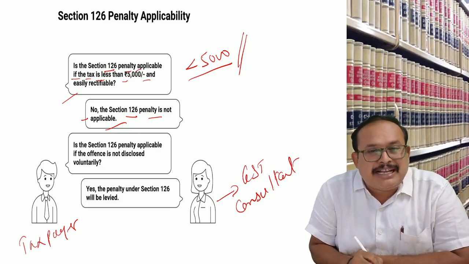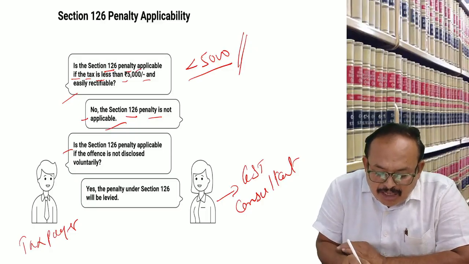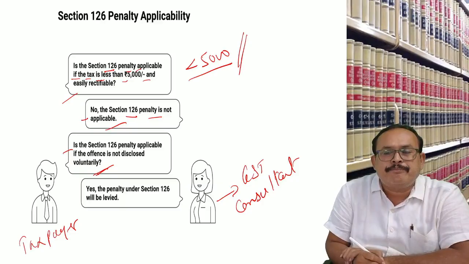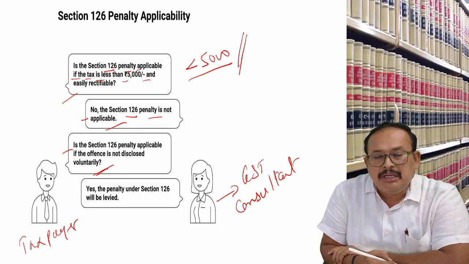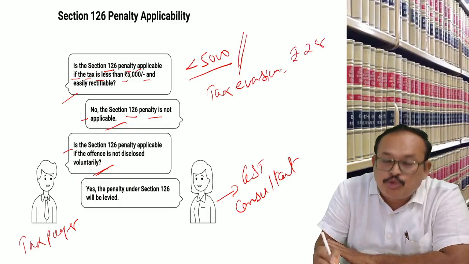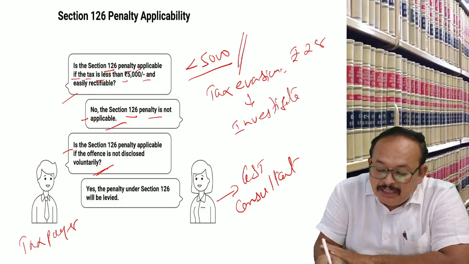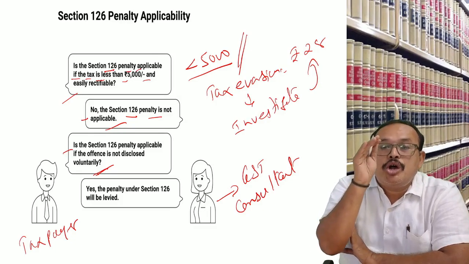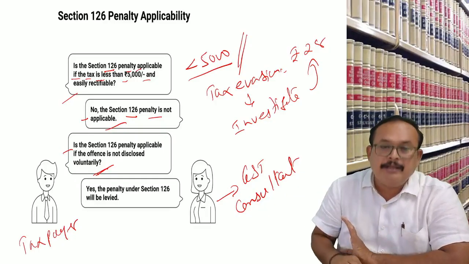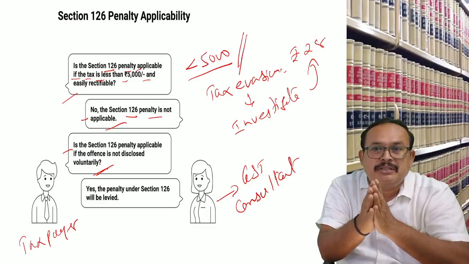Then the taxpayer asks again, is section 126 applicable if the offense is not disclosed voluntarily? It means what? Listen to me, sir. Tax evasion of 2 crore, which is investigated and detected. In such cases, the taxpayer himself tells a higher department officer, "I committed this particular offense.